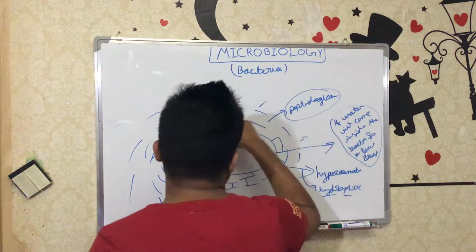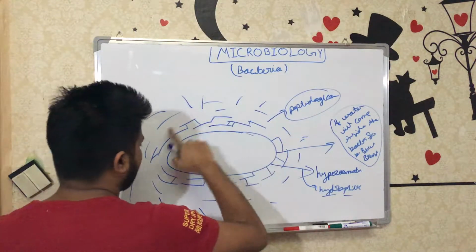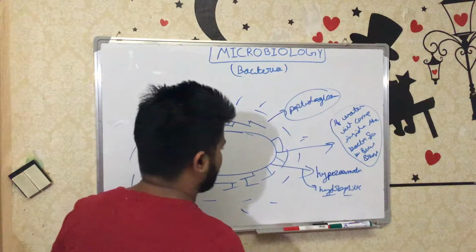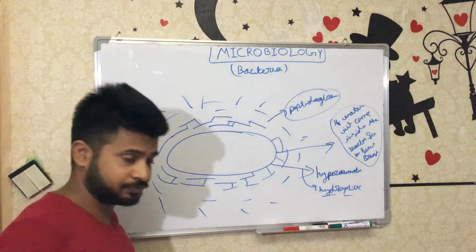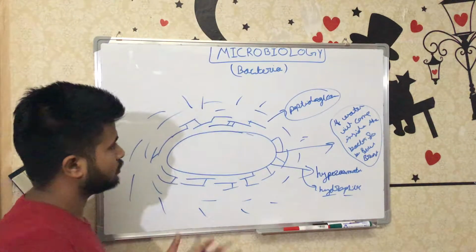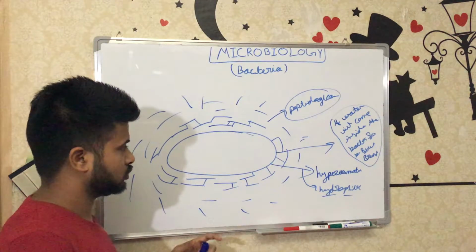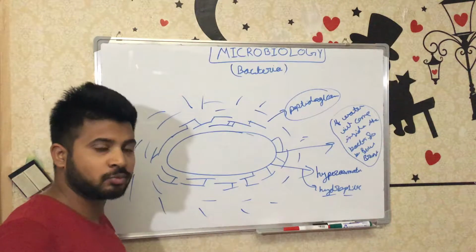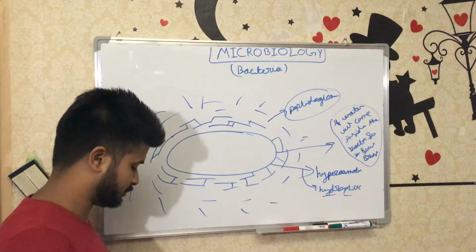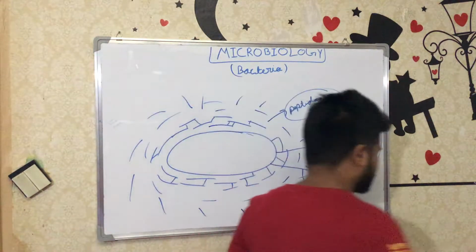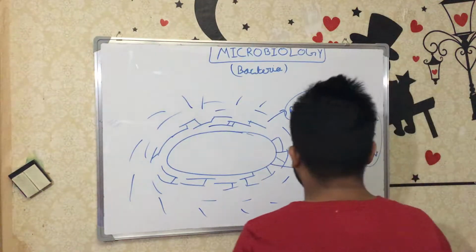So the peptidoglycan prevents the burst or rupture. The main function of the peptidoglycan is to help prevent bursting and rupture.